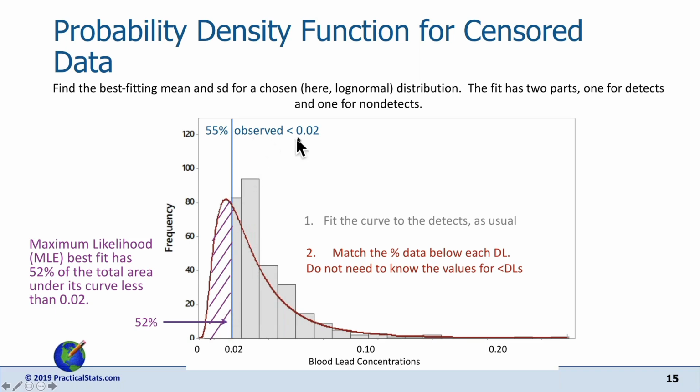And we observed in the data 55% that were below 0.02 overall. And this would be at a slice of an X value at a time, a particular time. And at that time, we observed 52%. So that's pretty close. So this optimization is trying to match both of those things, the detected concentrations as well as the proportion of data below one or more detection limits.